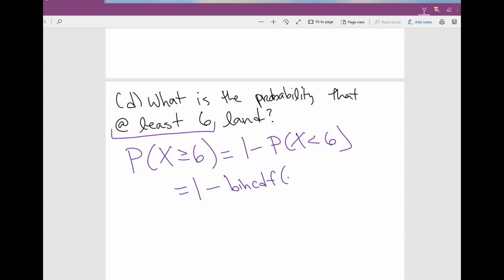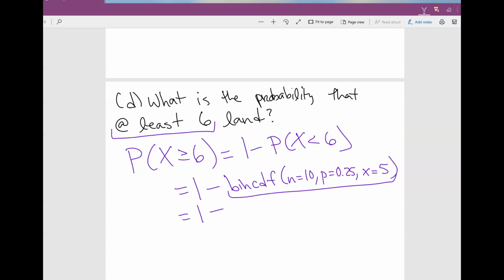Binomial CDF, n is equal to 10, p is equal to 0.25, and x in this case is going to be not 6 because it's not equal to it. It's going to be less than 6, so we're going to go down 1 to 5. So we're going to put this into the calculator. Second data, distributions, binomial CDF, and then we're going to do 10, 0.25, and then x is equal to 5 now.